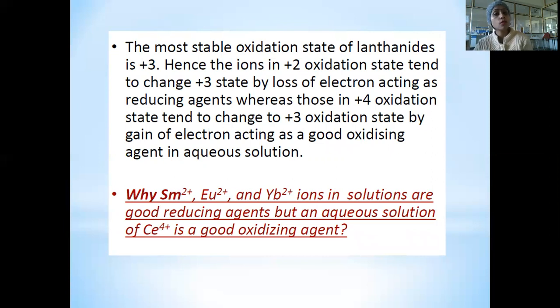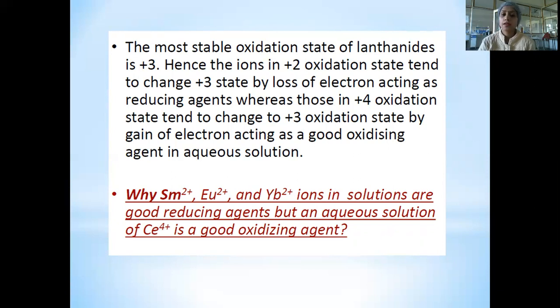Whereas those in the +4 oxidation state tend to change to the +3 oxidation state, because their oxidation state is decreasing, so they are getting reduced themselves, and they are good oxidizing agents in aqueous solution. Now there is a question for you: why are Sm2+, Eu2+ and Yb2+ ions in solutions good reducing agents, but an aqueous solution of Ce4+ is a good oxidizing agent?